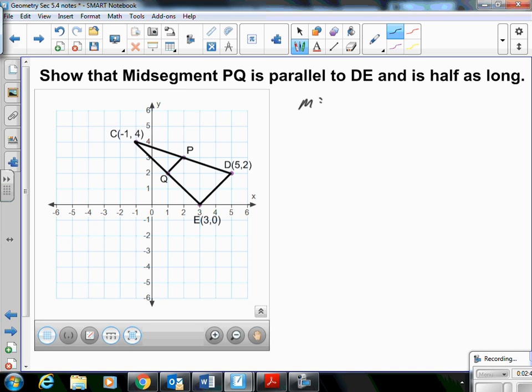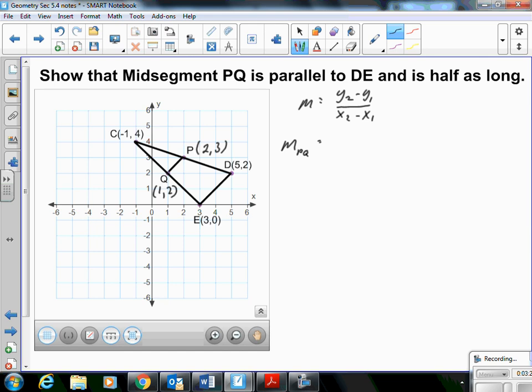So slope formula, if we remember, is y2 minus y1 over x2 minus x1. Starting off, figuring out the slope of PQ, which I don't have those points labeled, but P is at the point (2, 3), Q is at the point (1, 2).